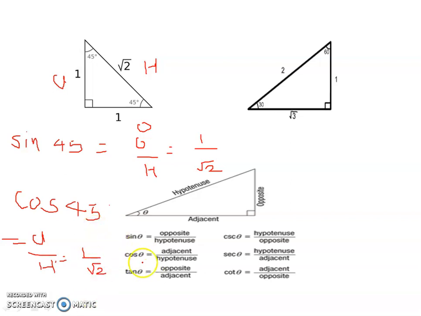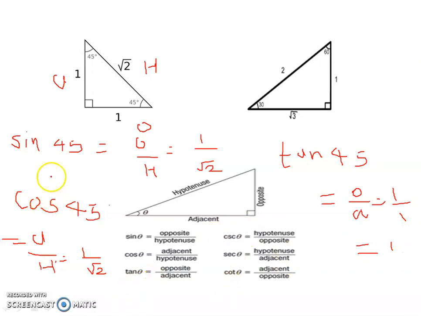So cos 45 is 1 upon root 2. Now tan means sine upon cos. Always remember that tan 45 is opposite upon adjacent, that is 1 upon 1, so it is 1.